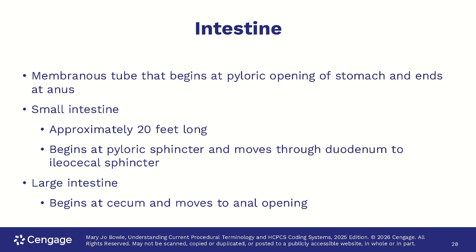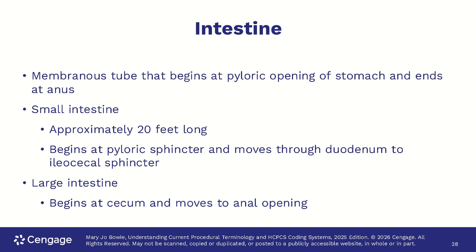All right, on to the intestine, except the rectum. The intestine is a membranous tube that begins at the pyloric opening of the stomach and ends at the anus. The intestine is divided into the small and large intestine.